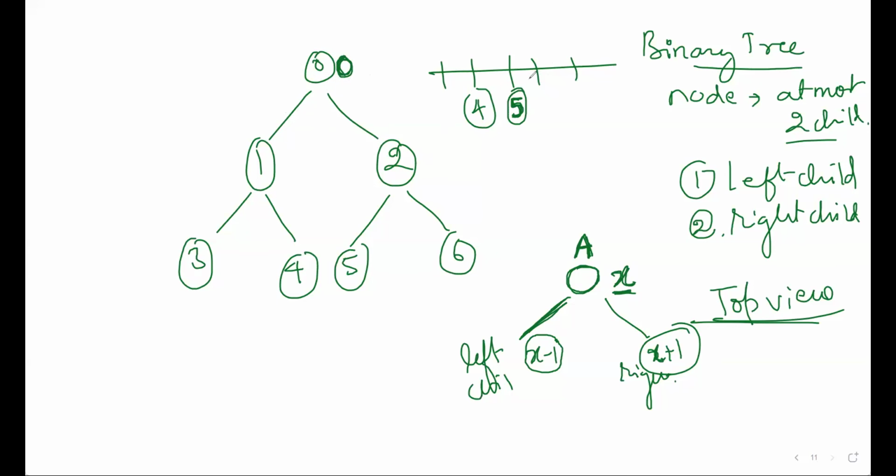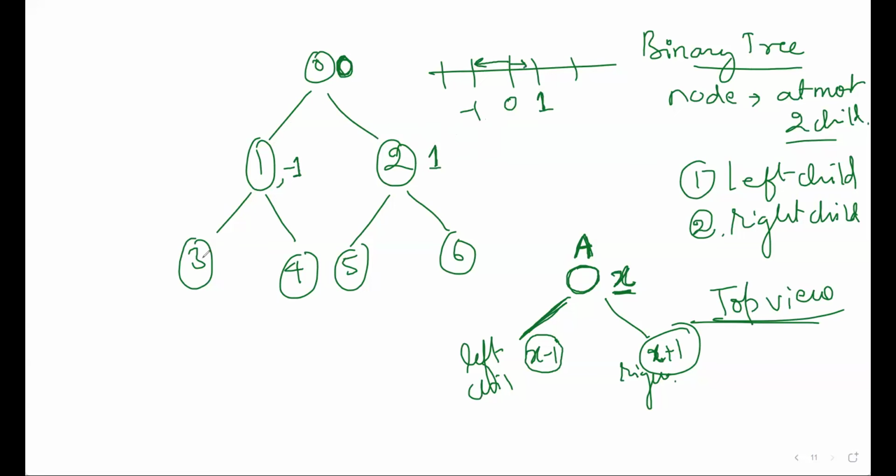So if I draw the number line, we have 0 here. 1 unit left means I'll go to minus 1. So corresponding horizontal distance of node 1 is minus 1. For node 2, it is going to be 1 because I'll go 1 unit on right side for right child.